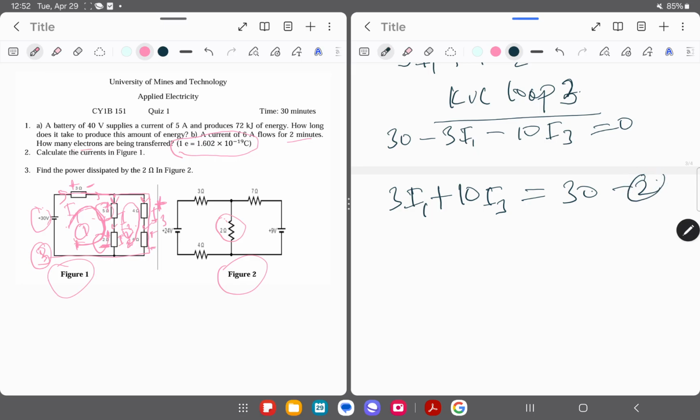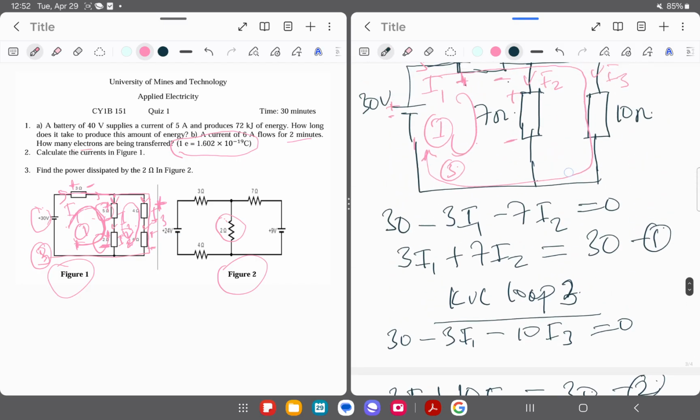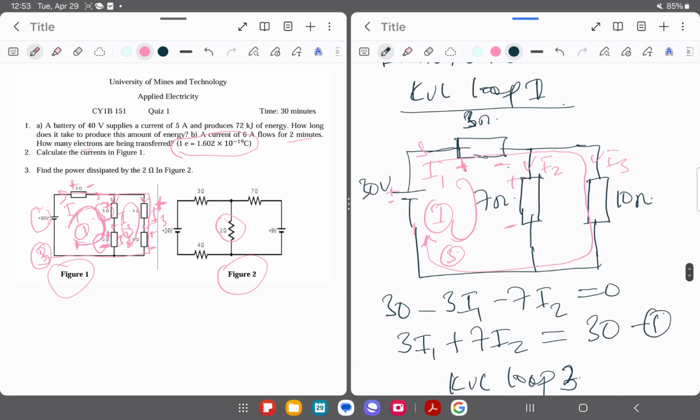Now let's get the third equation. We can get it by applying Kirchhoff current law to a node. You can see here we have a node, let's say it's node A. At this node you can see I1 is entering, I2 and I3 are leaving.